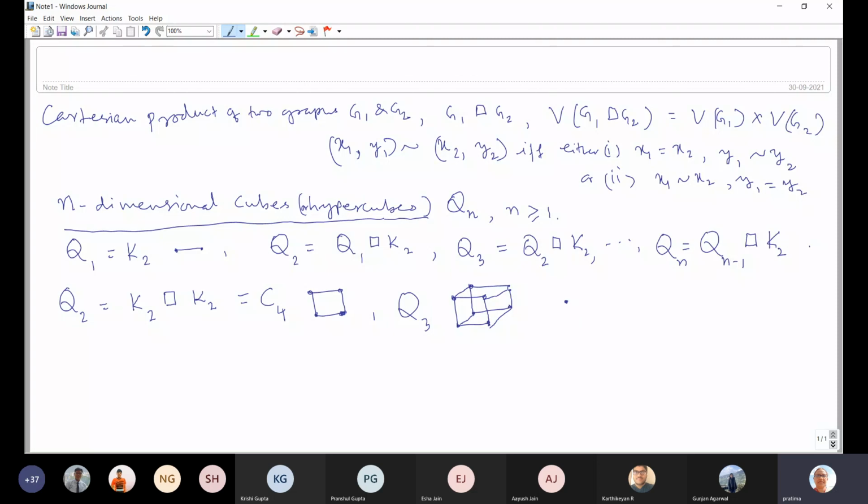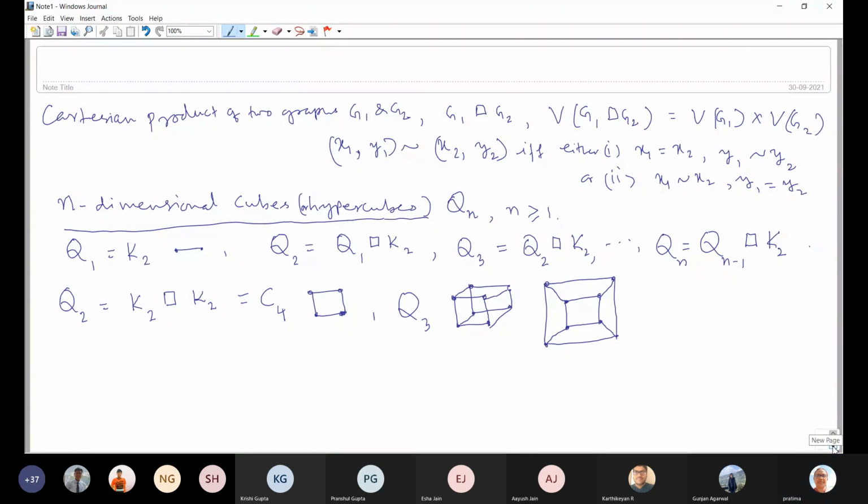Look, both are isomorphic. This is another way of drawing Q3, the three-dimensional hypercube. It can be drawn in several ways; the same graph, both drawings are isomorphic. This is also Q3, is it not? So how could I have drawn Q4 next?